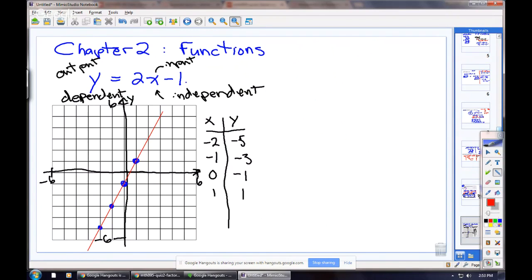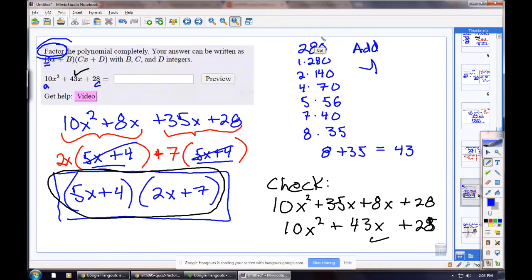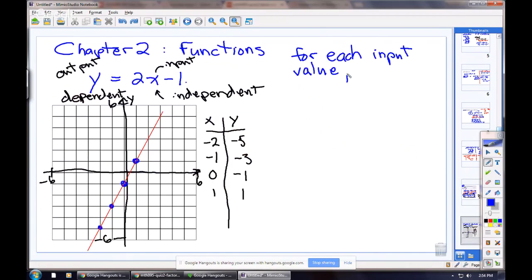All right, so what does this have to do with being a function? Good question. A function is some kind of equation where you can say there's an independent variable and a dependent variable. And the catch is that for each input value, that's your x, there is no more than one output value.